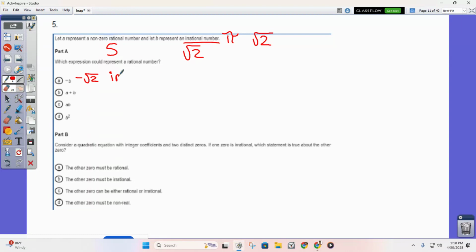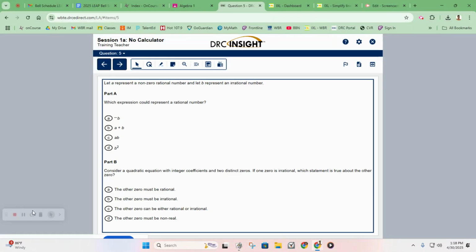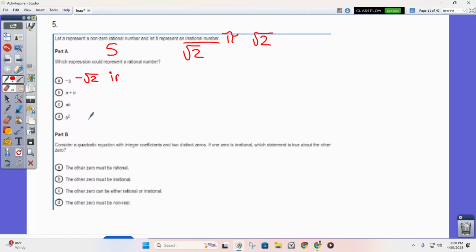And I'm going to abbreviate here. Sorry for the interruption. So we have that the negative of square root of 2 is also irrational. If I took a plus b, 5 plus square root of 2, that's still going to give me an irrational number.